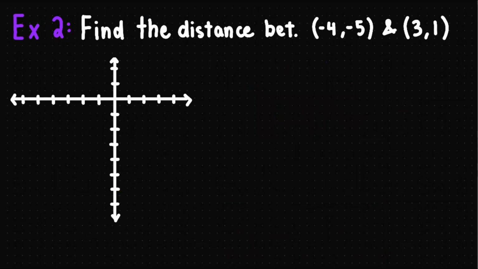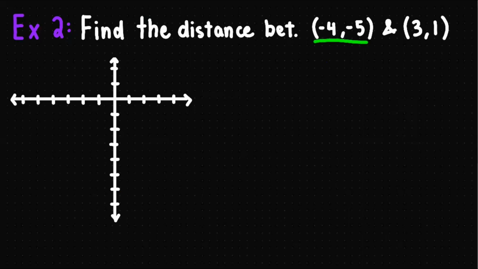For this last example, we are tasked to find the distance between the point -4, -5, and the point 3, 1. So again, to visually represent this problem, let's first plot it in our graph out here.